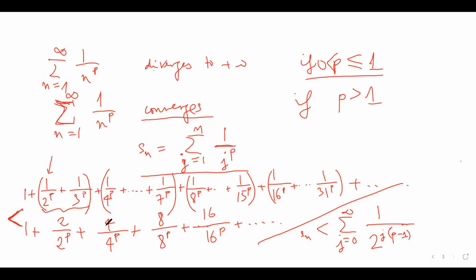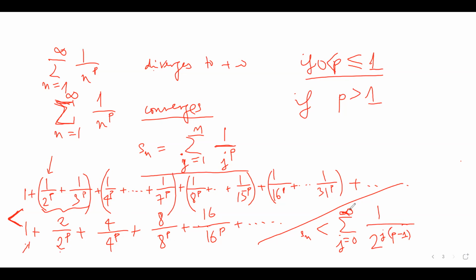Because you can cancel one of these powers and you get p minus 1 down here, right? And then this number is just 2^j. You start with 1 here, 2, 4. So you get this series.